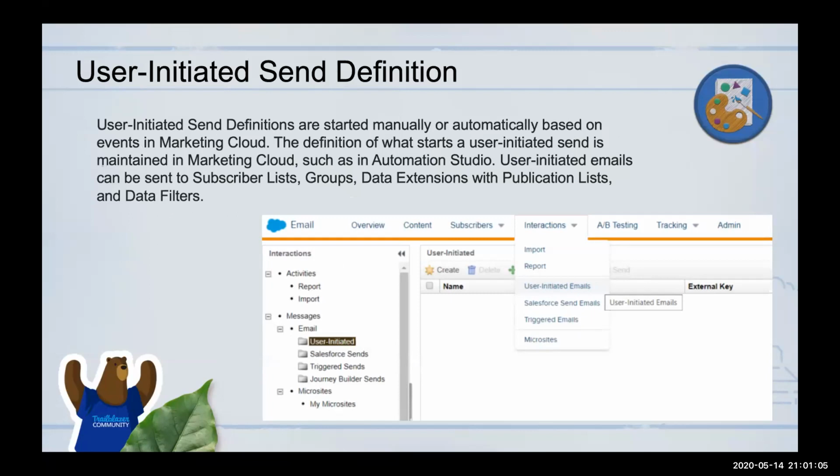User-initiated send definitions are started manually or automatically based on events in Marketing Cloud. The definition of what starts user-initiated sends is maintained in Marketing Cloud, such as Automation Studio, which is absolutely awesome. User-initiated emails can be sent to subscriber lists, groups, data extensions, publication lists, or data filters.